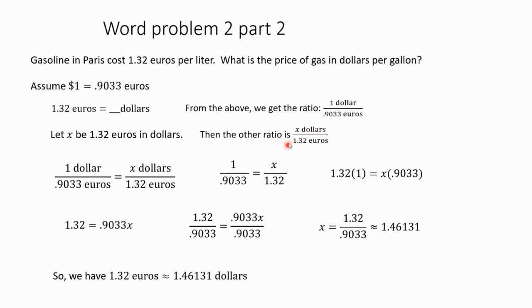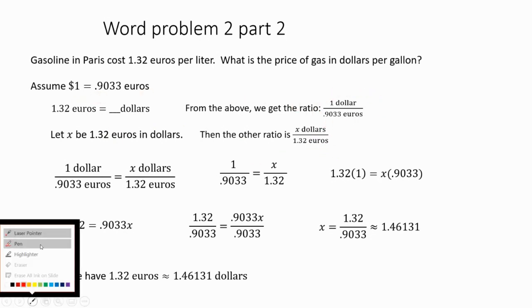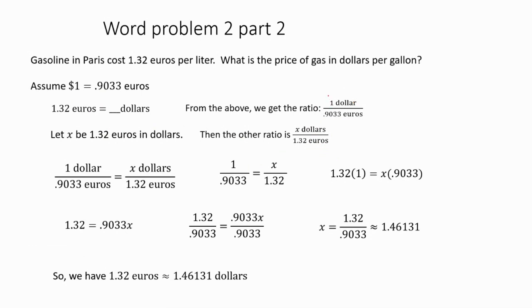Okay, so we have two ratios now. $1 over 0.9033 euros. That's here. Okay, let me circle that. That'd be better. Good.